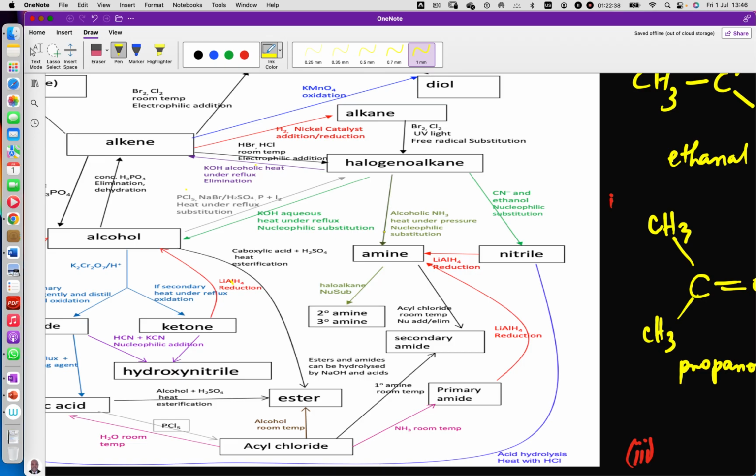The second type of substitution that alkanes will undergo is free radical substitution. Let me just give you a clue of what will happen when an alkane undergoes a substitution reaction.